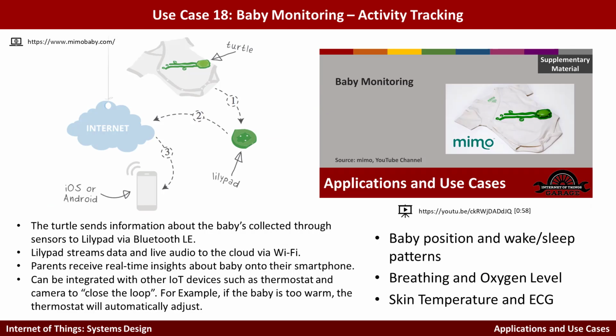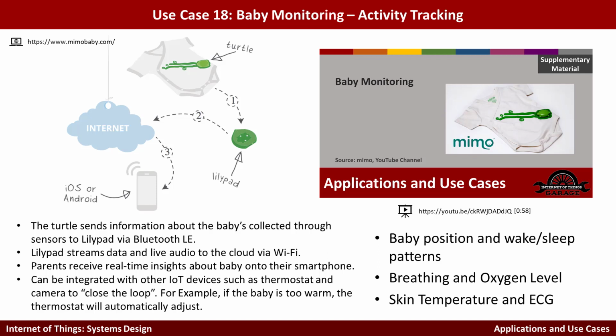This is a use case about baby monitoring and activity tracking. What they have developed is a sensor attached to the baby's clothes, which monitors the baby's position and wake and sleep patterns. It has sensors to measure and monitor both breathing and oxygen levels, and it also tracks skin temperature and the ECG.